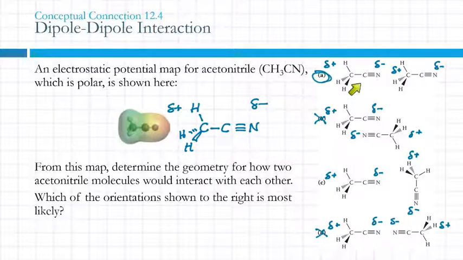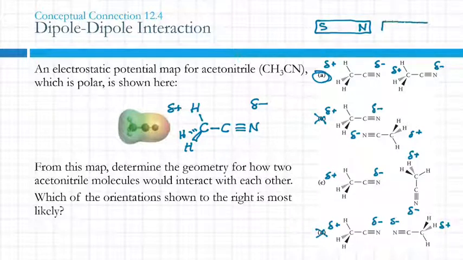So in this arrangement, we have the negative end next to the positive end. So this is like magnets lined up like this. Whereas B would be the magnets like this.